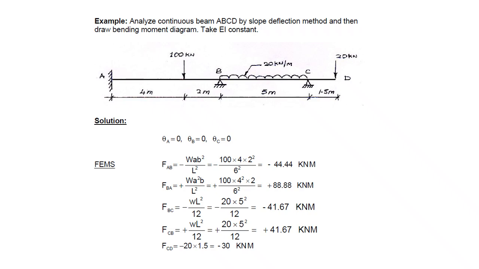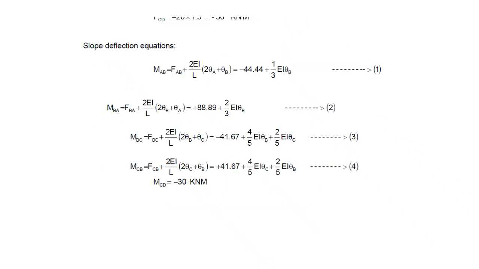So the first step is to find the fixed end moments. Next we have to frame the slope deflection equation. The idea of the slope deflection equation is the fixed end moment followed by the moment due to the joint displacements. So we are just adding both elements.